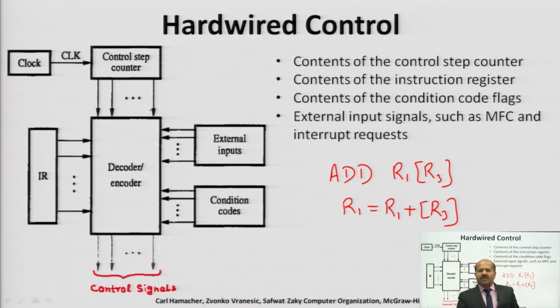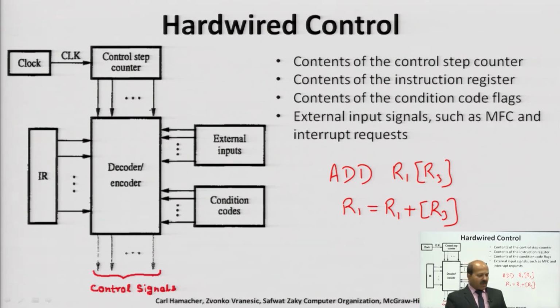To fetch the instruction, the program counter will provide the address, and accordingly the memory address register will work, and the address is transferred through MAR, and the fetch operation will take place. The read signal will be issued, and after fetching, the instruction will be available in the MDR register, or memory data register, which is transferred to the instruction register, and from the instruction register the instruction decoder will decode this instruction, and accordingly various control signals are issued.